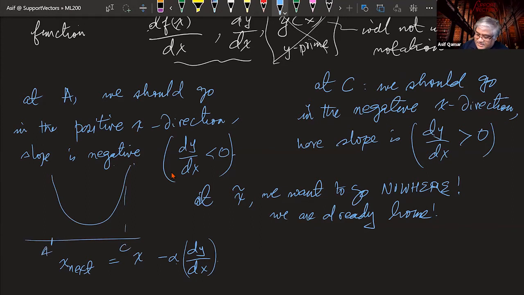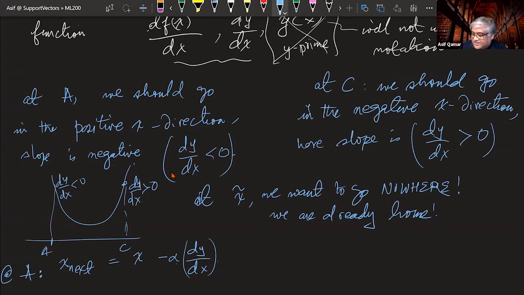Remember, this is A, and this is C. At A, the slope is negative, dy/dx is less than 0. At C, dy/dx is greater than 0, just to remind you. So at A, what do you want to do?